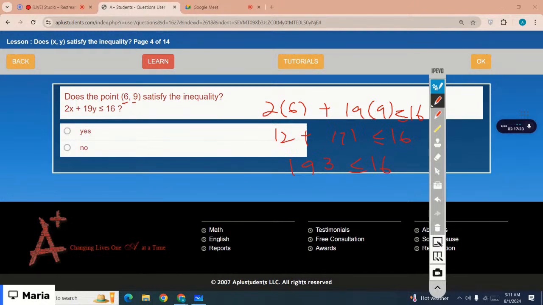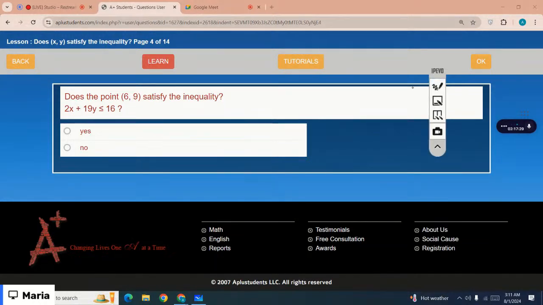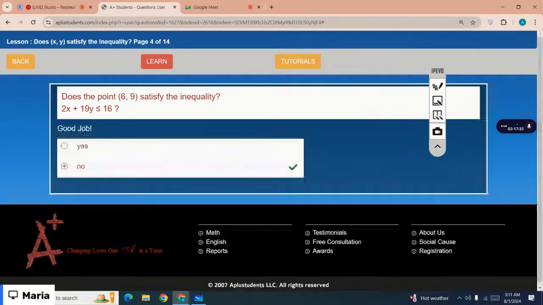The correct option is no, 183 is not less than 16, right? So the correct option is no. That means (6, 9) is not a solution of the inequality, right?